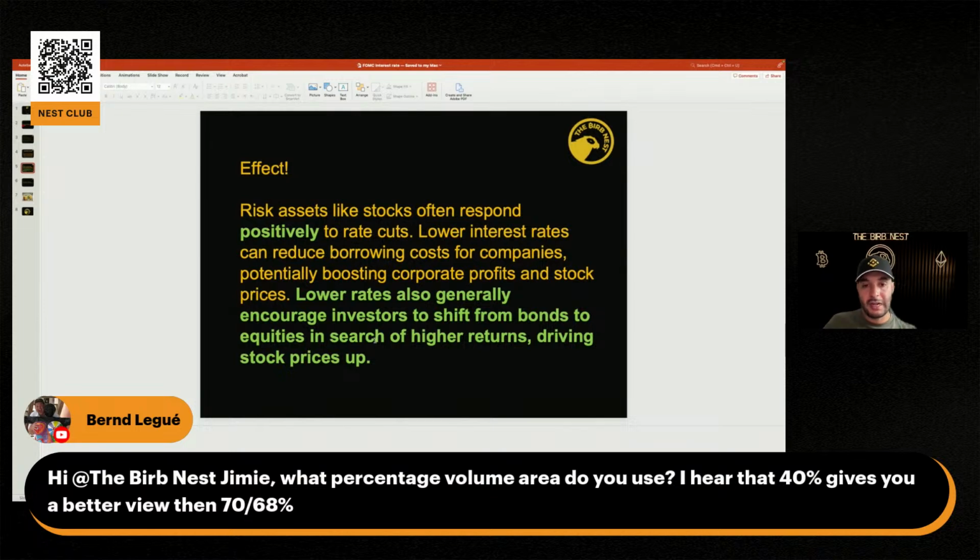This could drive stock prices up, but also crypto, because crypto is still pretty much correlated with the stock market. So this is basically the TLDR: lower interest rates generally encourage investors to shift from bonds to equities.